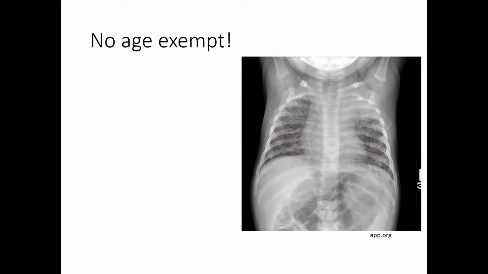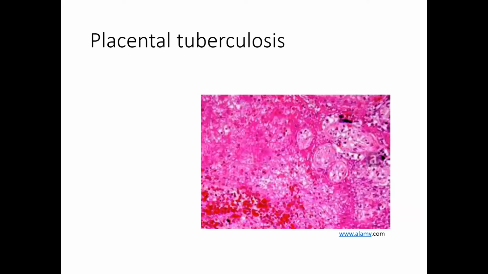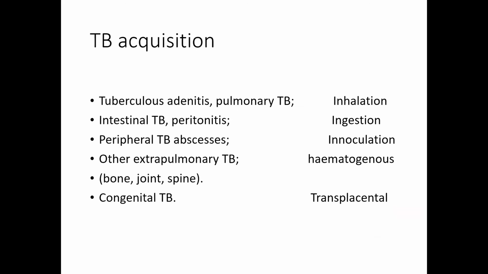Next slide. And obviously, TB in the neonate usually is related to placental tuberculosis, which is something we've been seeing more often during the HIV pandemic. Next slide. So there's lots of ways you can get tuberculosis.